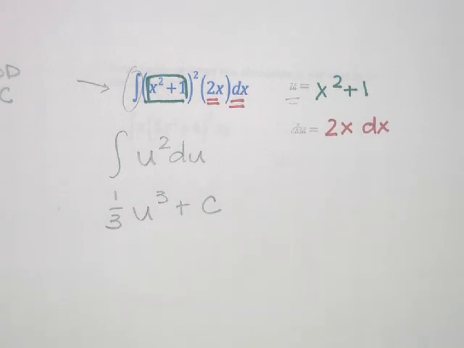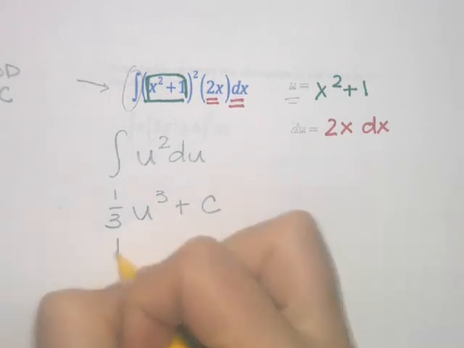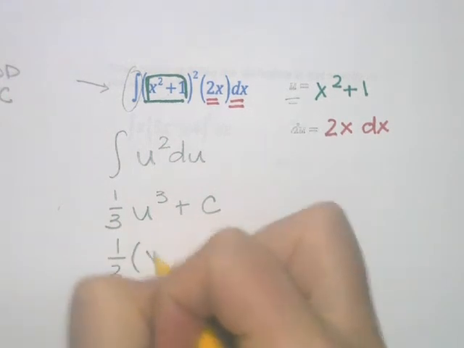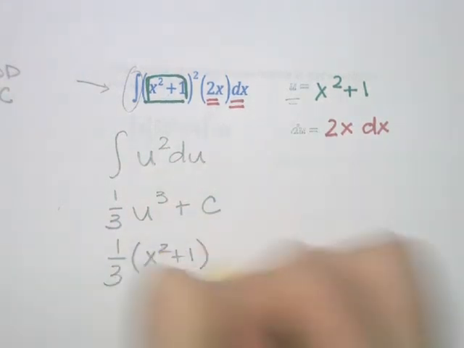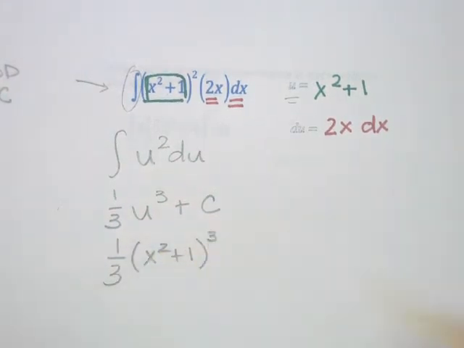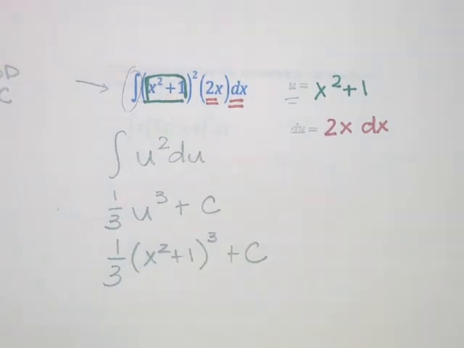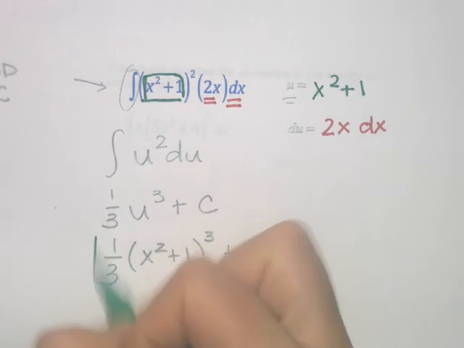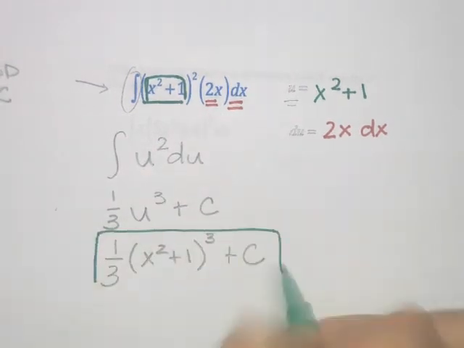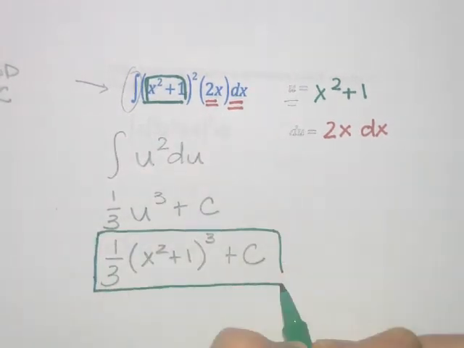And then once you're done, you don't want to have anything in terms of u. You want it all in terms of x. So wherever there was a u, we're going to fill back in the u that we used originally to get an answer of 1/3 times x squared plus 1, cubed, plus c.